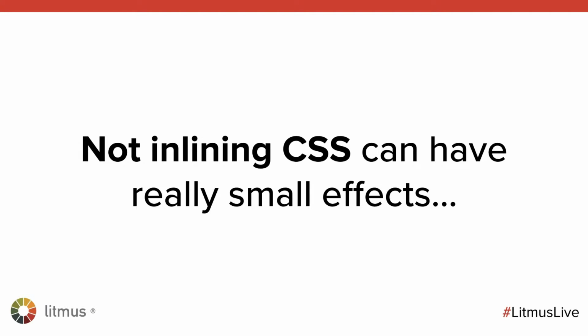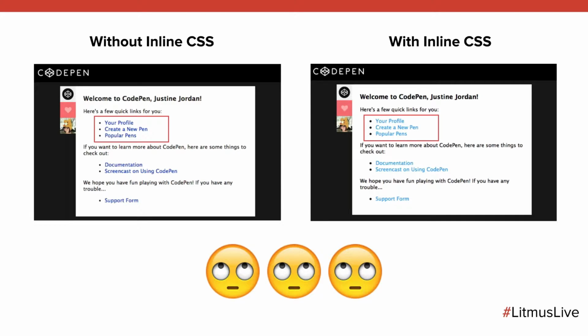So I want to go over the effects of inlining or not inlining. Not inlining can have really, really small effects. If you don't use inline, it can have a bit of variance. If we take a look at this example here from CodePen, on the left-hand side, it's without inline CSS. On the right-hand side is with inline CSS.